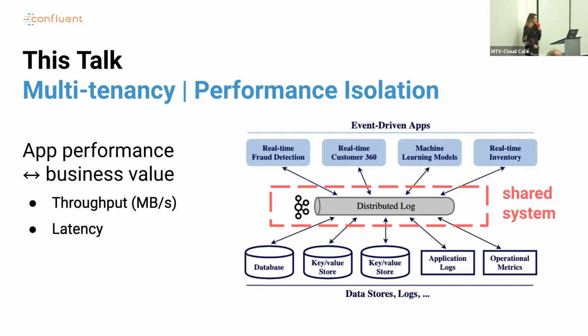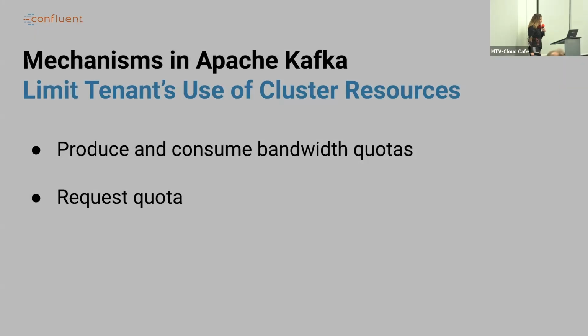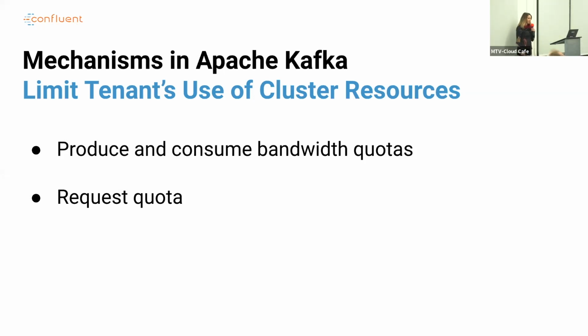And normally for many applications, performance is their business value, right? So you do want to be able to transfer a certain amount of data and also have some expectation on latency as well.